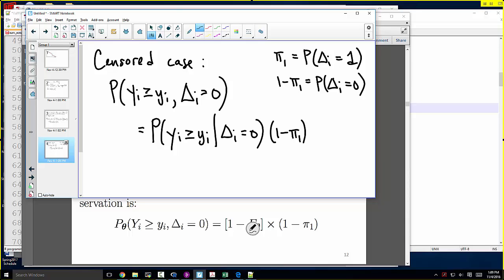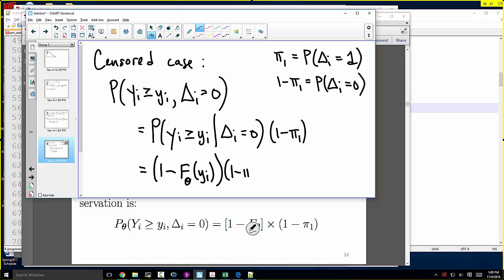And then in terms of the parametric model, f sub theta, that conditional probability, the probability of at least yi, would be a right tail area under the curve probability of f theta, which is equivalent to 1 minus the CDF of theta evaluated at yi.